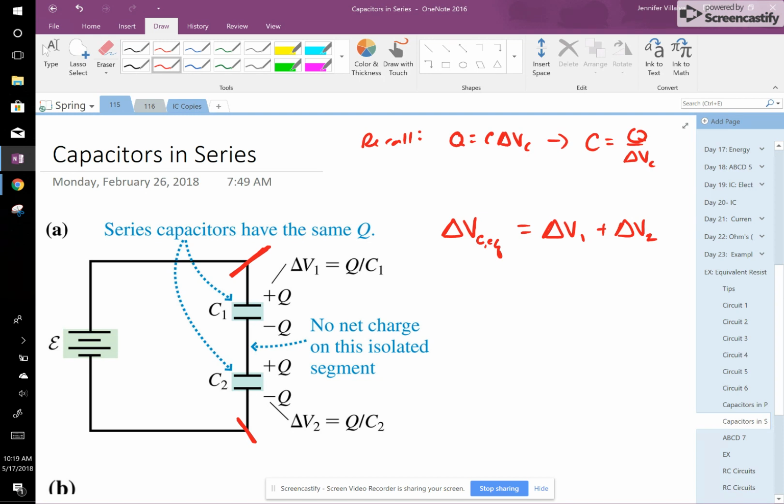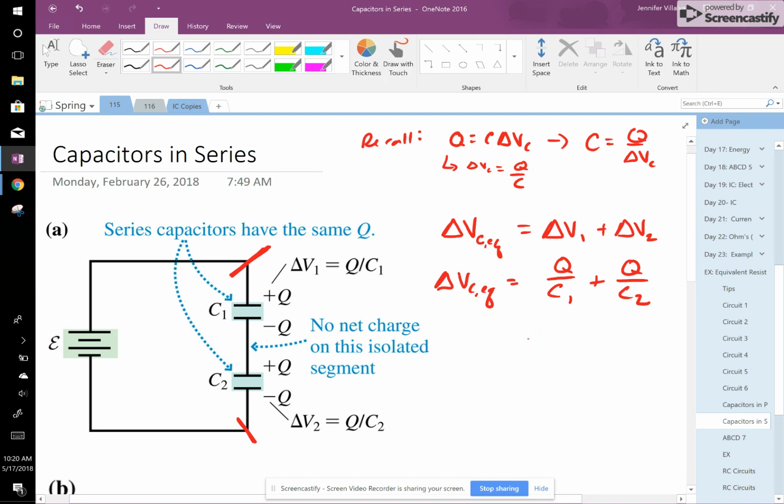And so if I want to work with this, I can also rewrite this up here as the delta V of the capacitor is equal to Q over C. And so this voltage drop of the equivalent capacitance would be equal to Q over C1 plus Q over C2.